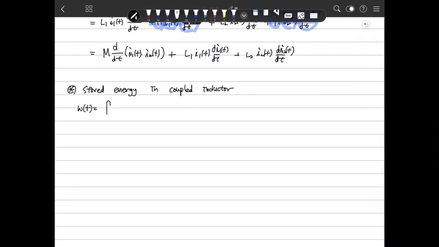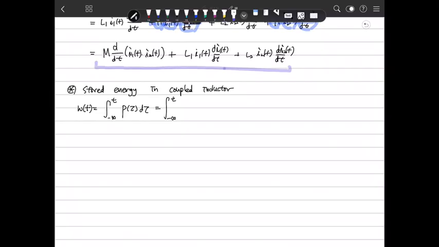The energy will be the integral from minus infinity to t of p(tau) d tau.